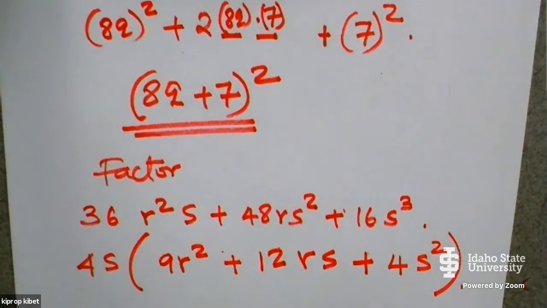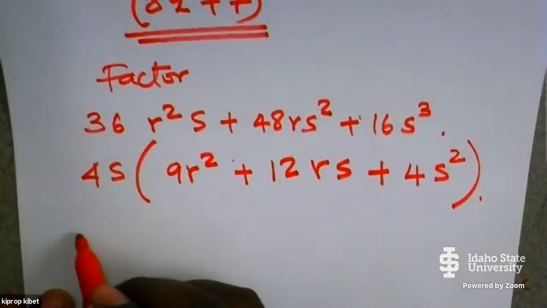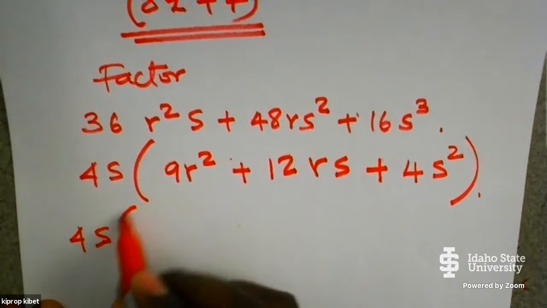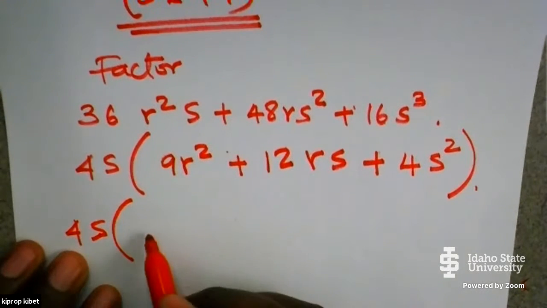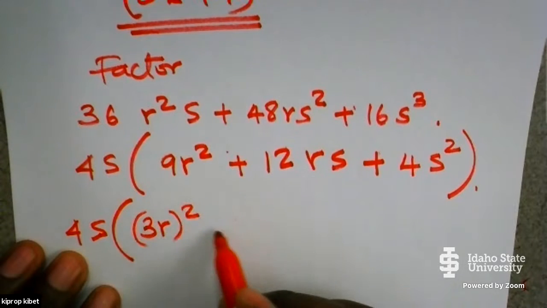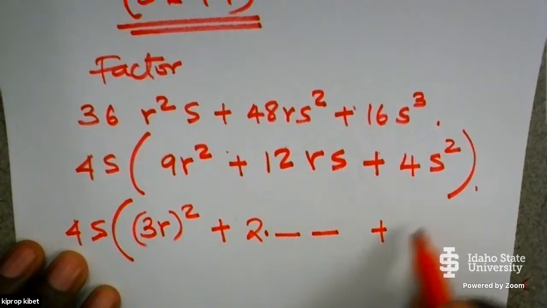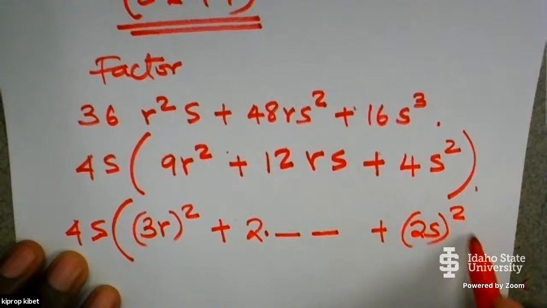Now, this is similar to number 1. So this is similar to number 1. So 4s remains outside. Then we need to factorize the one which is inside. So this is like 3r squared plus 2 is constant, right? So we need to look for a and b, plus the next one is 2s, then square.